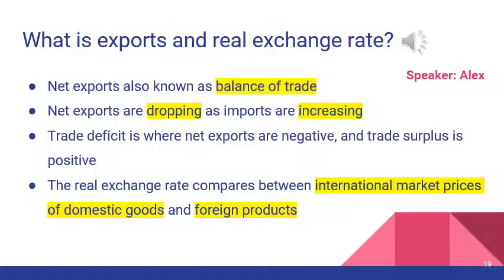A trade surplus is when net exports are positive. So move to the real exchange rate. The real exchange rate compares the international marketplace prices of domestic goods and foreign products.